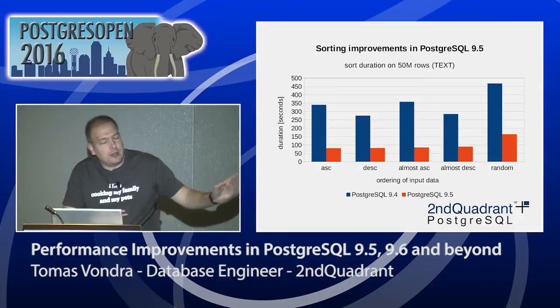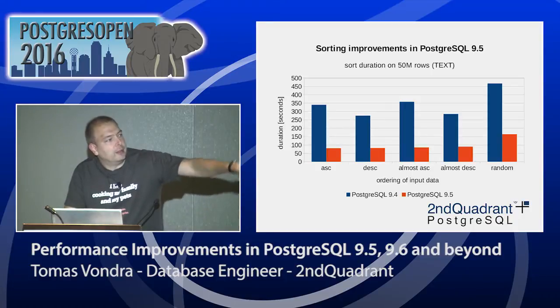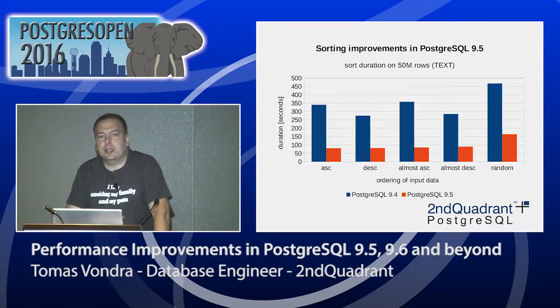There are a few other data sets. The random ordering, randomly sorted input is the last one. Then there are already sorted data, data sorted in the opposite direction, data that is almost sorted in the opposite direction, and the random data.